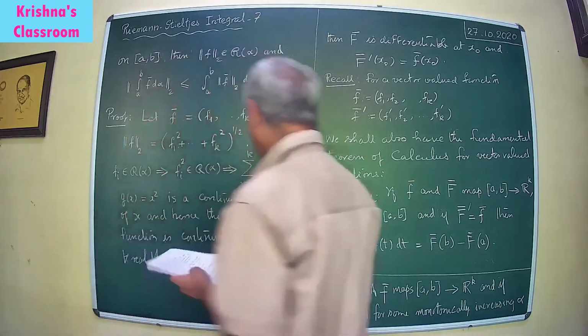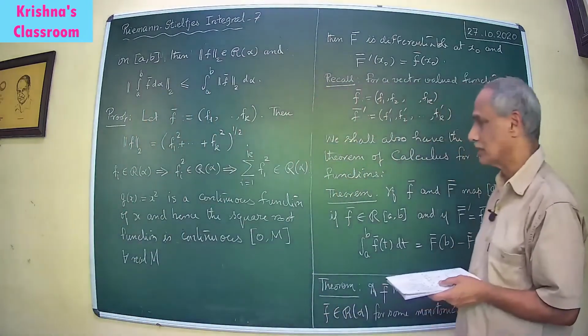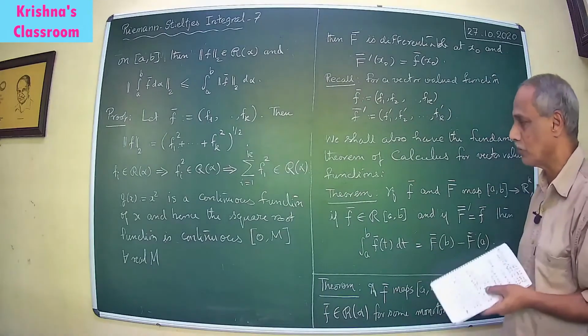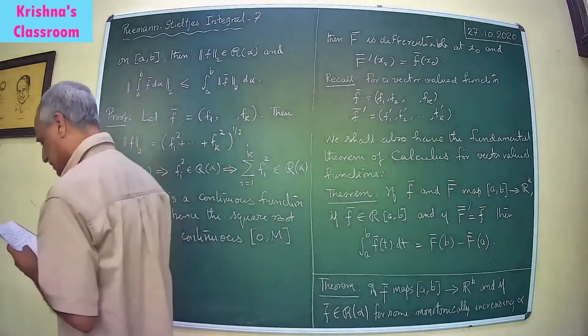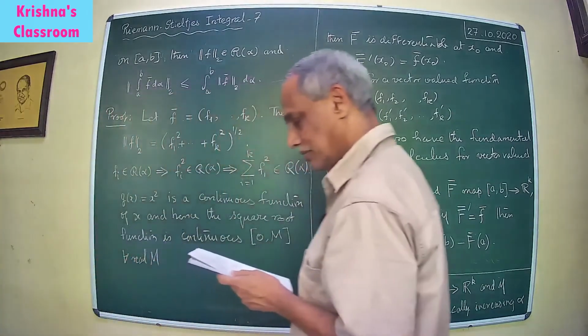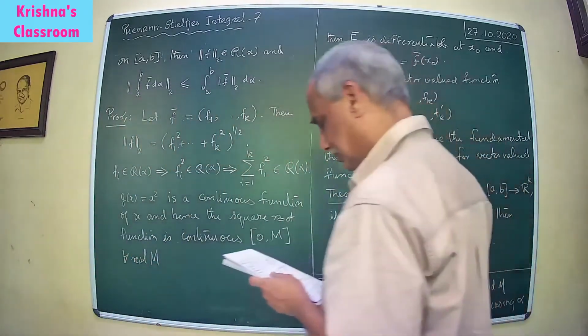You can draw the graph of the square root function and convince yourself that it is in fact continuous, or one can prove it actually also.